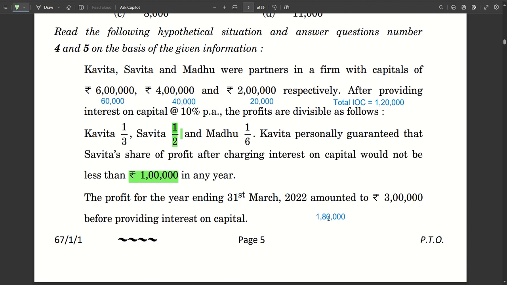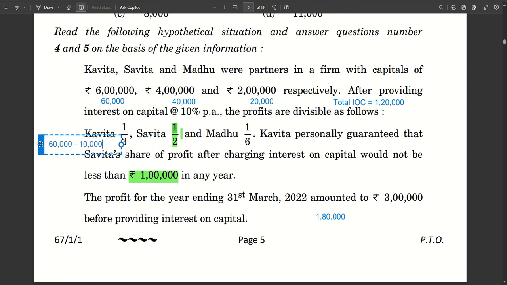So out of 1 lakh 80, Savita is getting 90 as a share of profit, and remaining one third means 60,000 Kavita is getting. Let's write it down here for a better understanding. Kavita's share is coming to 60,000. Out of that, Kavita will give 10,000 to Savita because Kavita has guaranteed that.